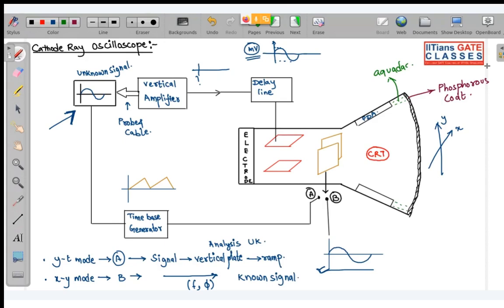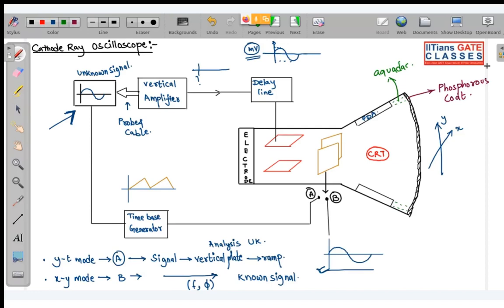Equivalent input circuit of CRO is a parallel RC circuit due to connection of probe cable and amplifier.